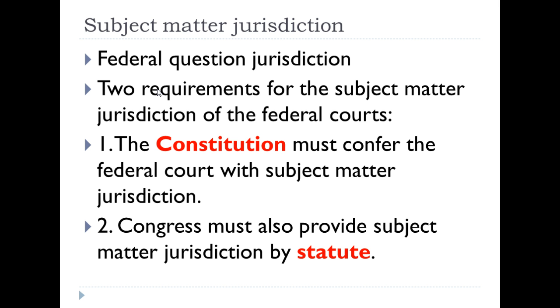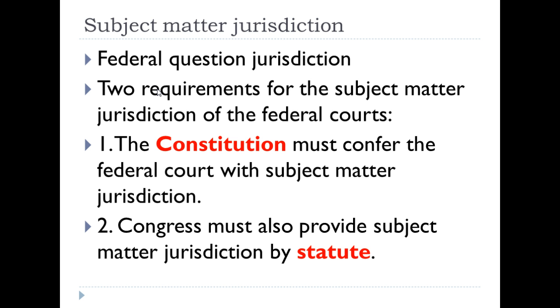So, for example, to review the diversity jurisdiction, we recall that the Constitution confers the lower federal courts with subject matter jurisdiction over cases between citizens of different states. Then Congress also provides subject matter jurisdiction over diversity cases by 28 U.S.C. 1332.